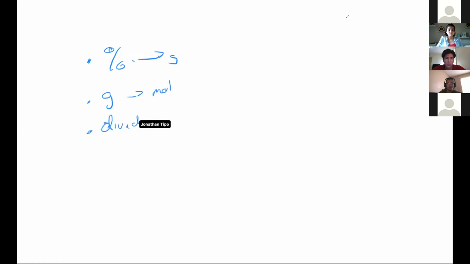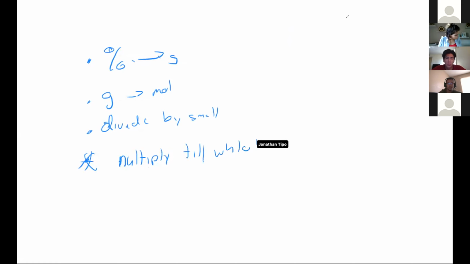When you're doing this, the steps are percent to grams, grams to moles, divide by small, and this last part is optional: multiply till whole. Let's say C and O, right?